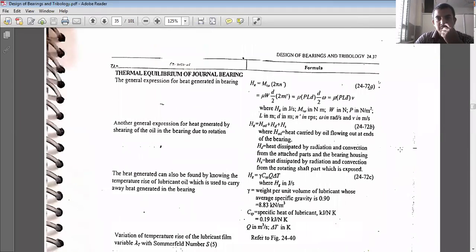Yes, equation number 24.72 is the thermal equilibrium, the general expression for heat generated. Now in this we have 4 equations. So use the first and last term.